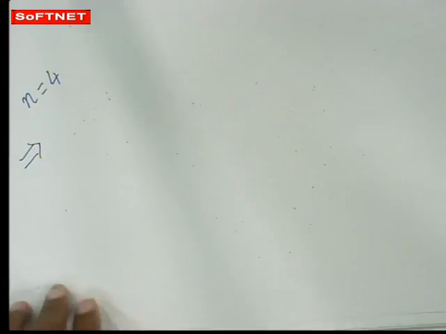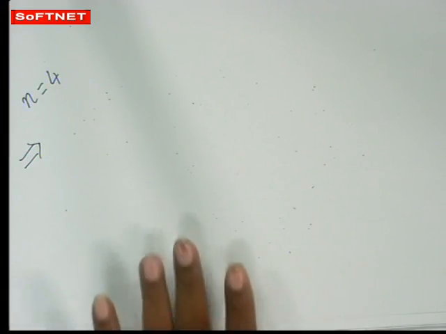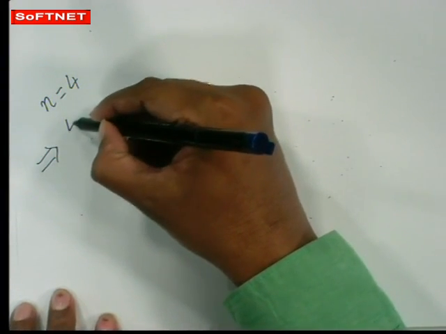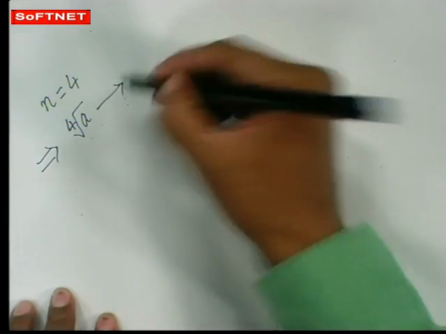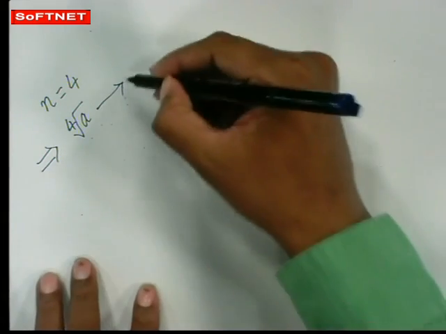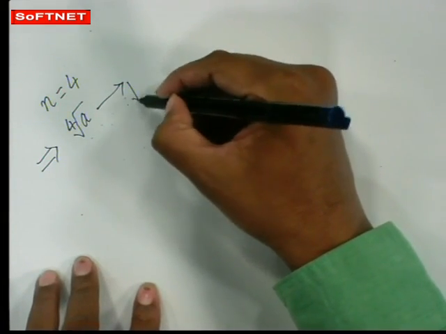In a similar manner, suppose we take n is equal to 4, what do we get? This is 4th root A. This 4th root A is called a biquadratic surd.